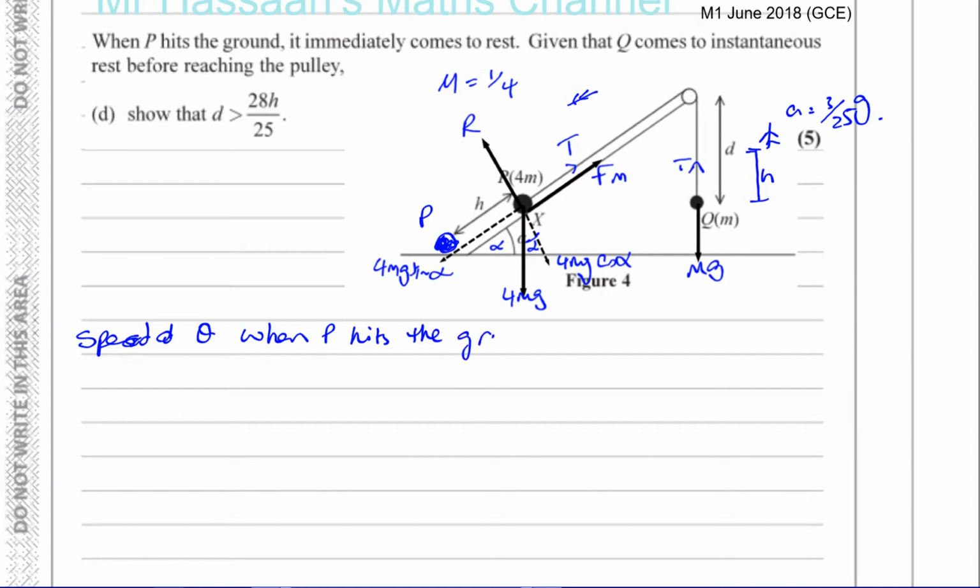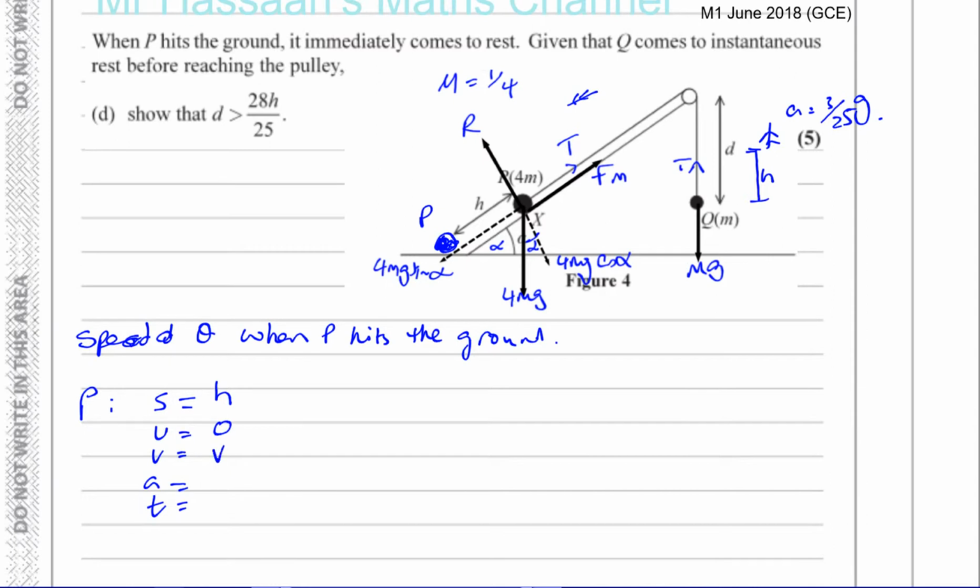So let's consider P and write down what we know from SUVAT while it is accelerating under the acceleration of the string. The distance travelled is h when it hits the ground. The initial speed is 0. The final speed is what we have to find. The acceleration is 3 over 25 times g, and the time we don't know.